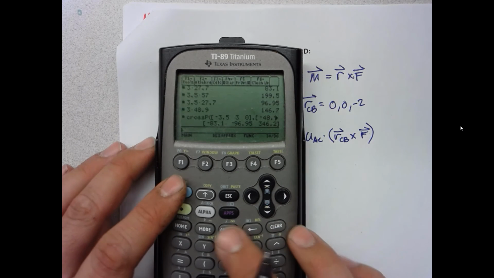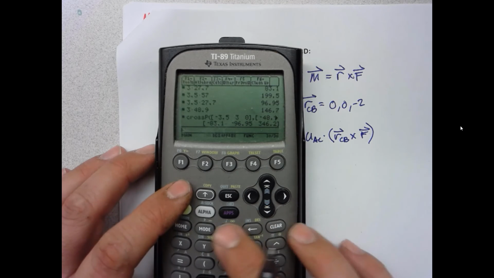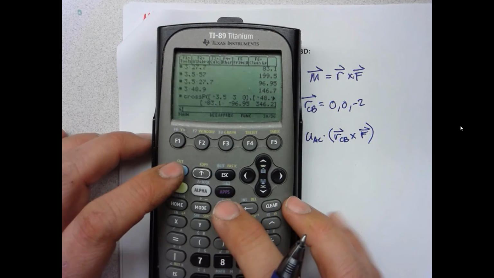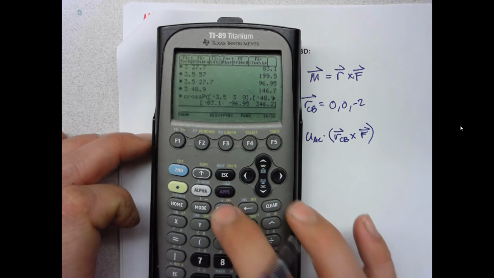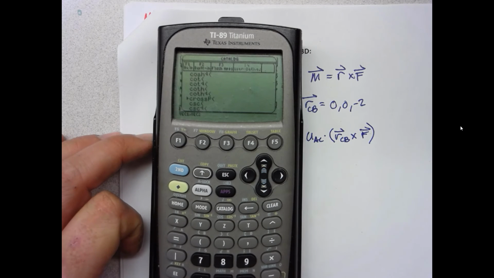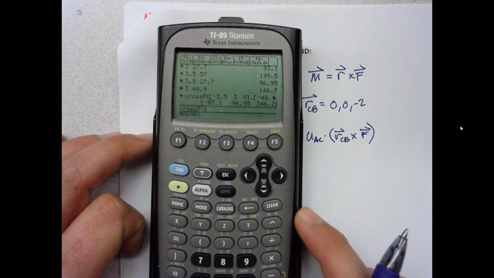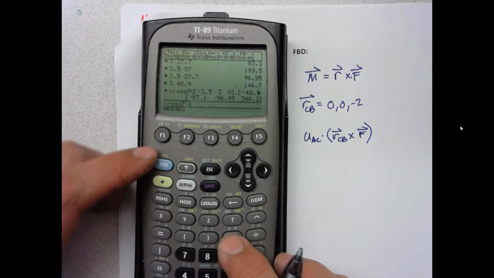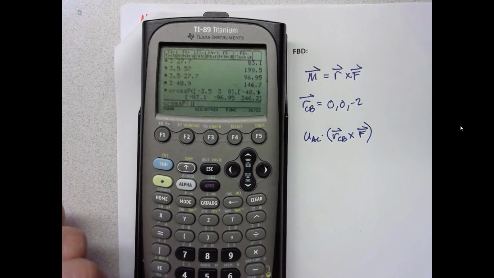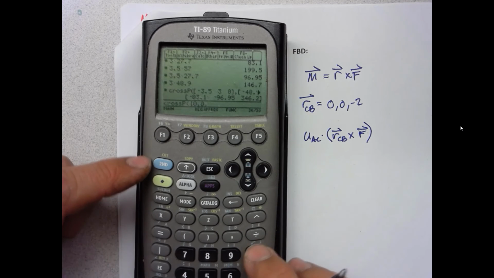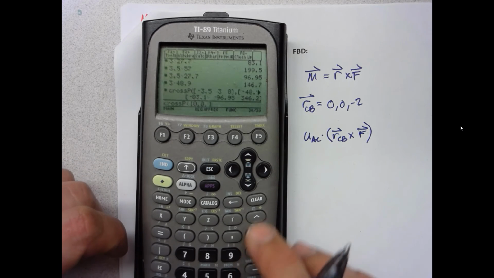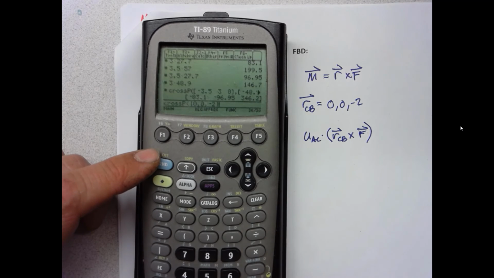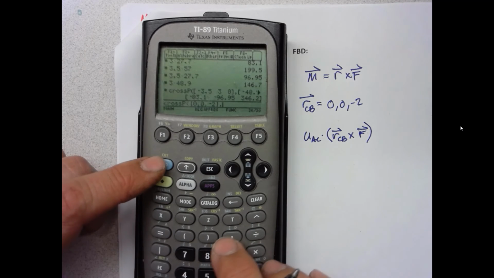I'm going to go to my catalog. Maybe I just need to hit catalog. Thank you, Andy. Wow, maybe I'm tired too. Okay, the position vector: open my square bracket, 0, 0, negative 2, close my square bracket, comma, open a square bracket.